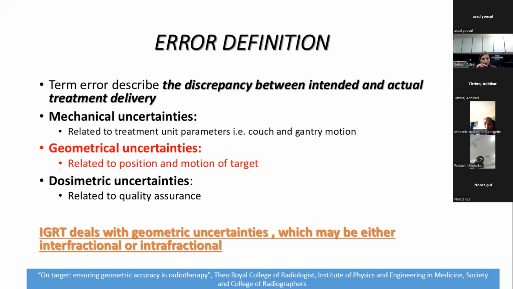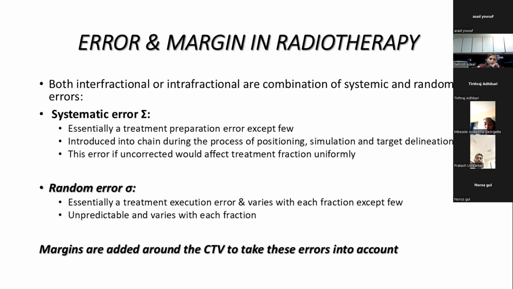IGRT, which is image-guided radiation therapy, deals with the geometrical uncertainties, to correct those errors and reposition the patient. These geometrical uncertainties can be either interfractional or intrafractional. Both interfractional and intrafractional are a combination of systemic and random errors.